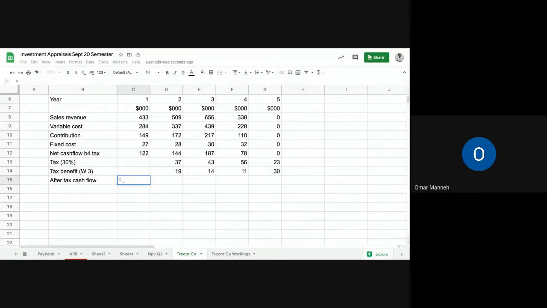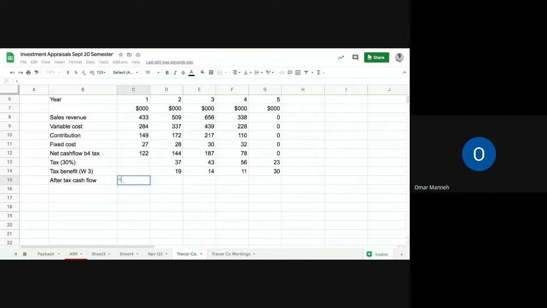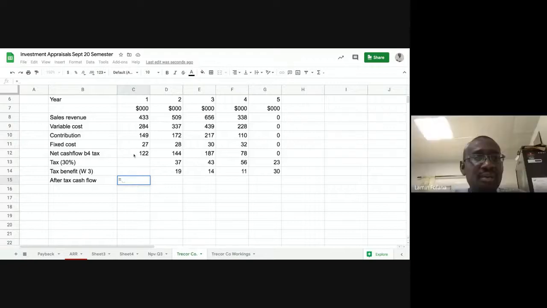So, Mr. Fofana, what I need clarification on is the tax that you are going to pay and the tax benefit, you have to net them off. Exactly. Yes, you have to net them off. Good. Let me try. Okay, go ahead. It is going to be the net cash flow before tax. Okay, that's this one.